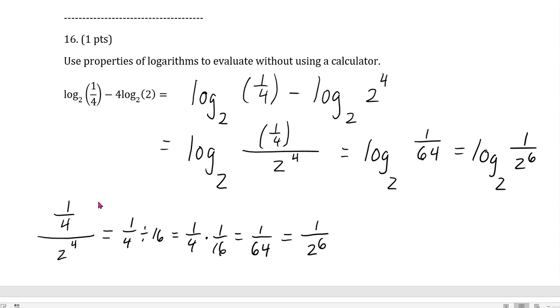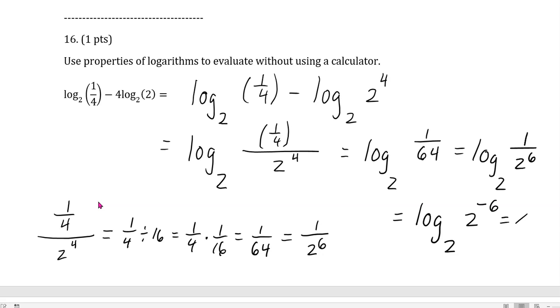If we could get the answer part written as 2 to a power, then the logarithm would become that power. Since it's in the denominator and I have 1 in the numerator, I can move the 2 to the 6th to the numerator by changing the sign of the exponent from positive 6 to negative 6. This gives me log base 2 of 2 to the negative 6.